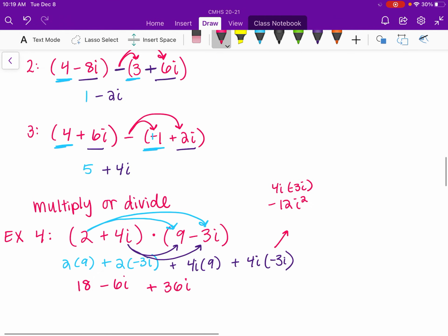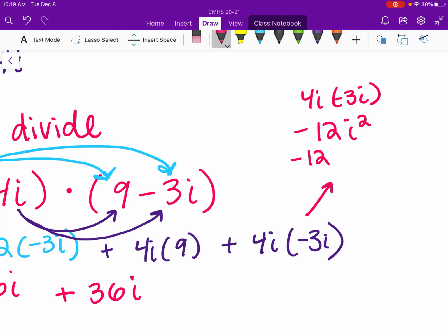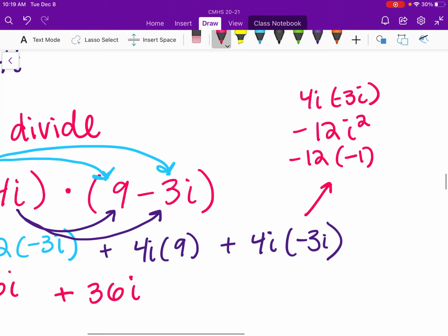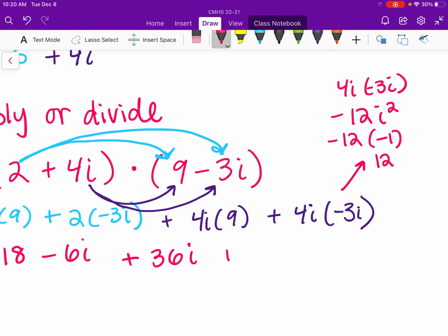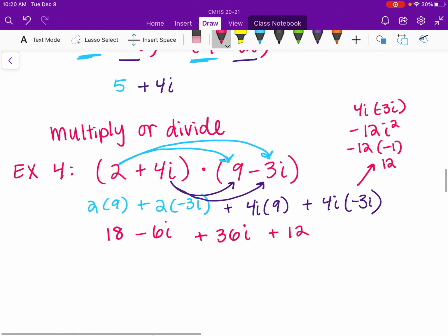So go back down, -12 times -1. Instead of writing i squared, write -1. So -12 times -1 is a positive 12. So here I'm going to write plus 12. The i goes away from that one because i squared is the same thing as -1.